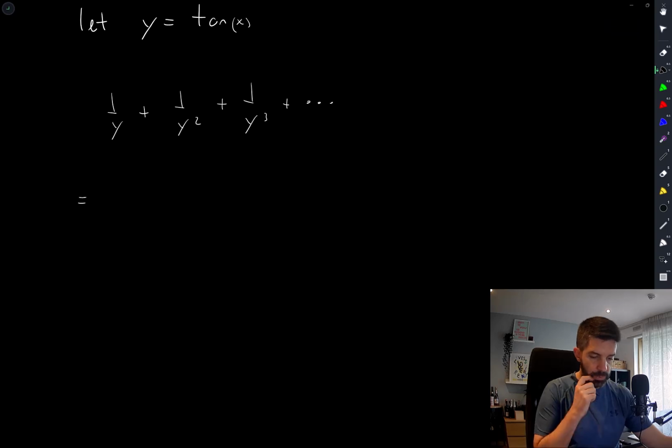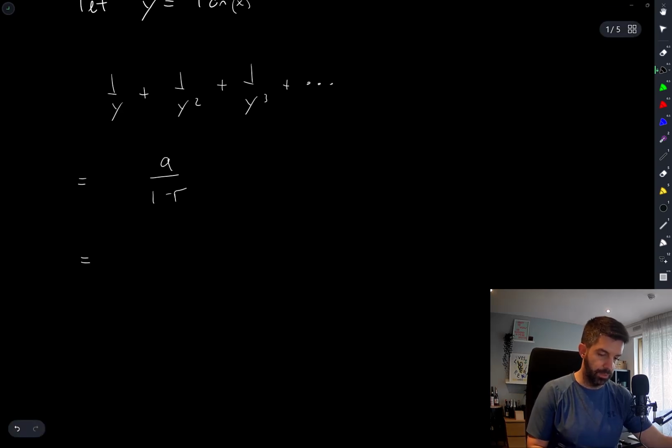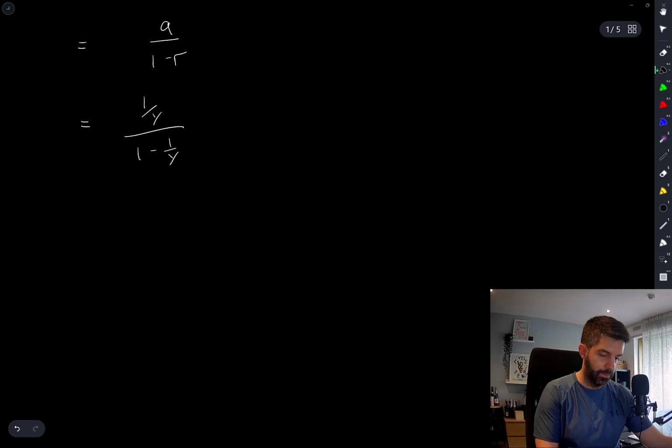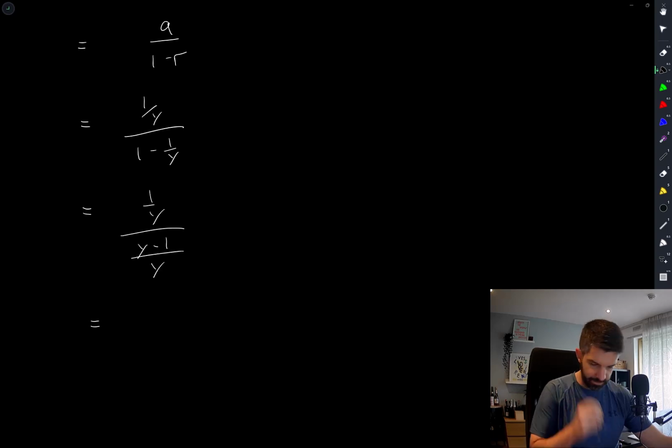This should be equal to a over 1 minus r, which is just me memorizing the formula for infinite series, where a is the first term, 1 over y, and r is the common ratio, which is also 1 over y. So this is equal to 1 over y divided by y minus 1 over y, and so I get 1 over y minus 1.